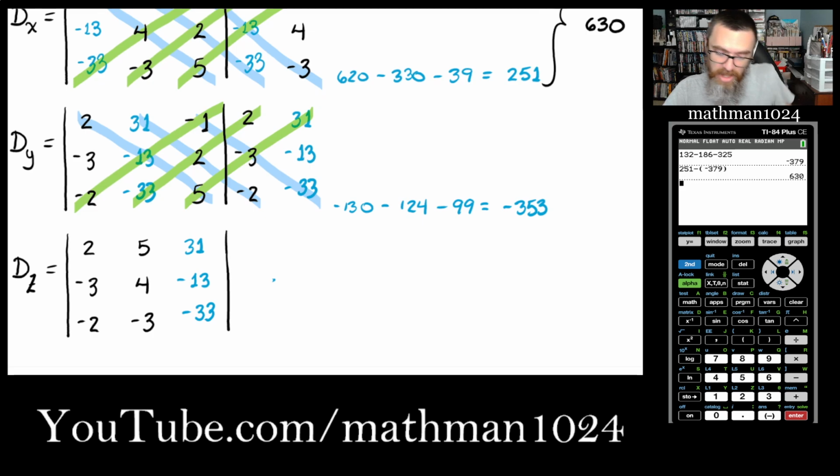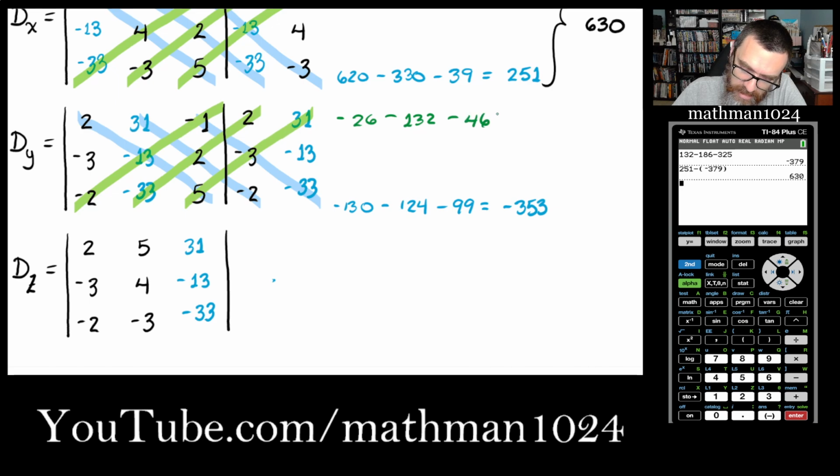Let's rock these. Negative times negative is negative, and that's going to give me 26. That's going to be another negative, 33 times 4. Did I already do 33 times 4 somewhere? Anyway, 33 times 4 is 132. So we have a negative here. It's going to be 15 times 31. If I do that as 93 times 5, 465.